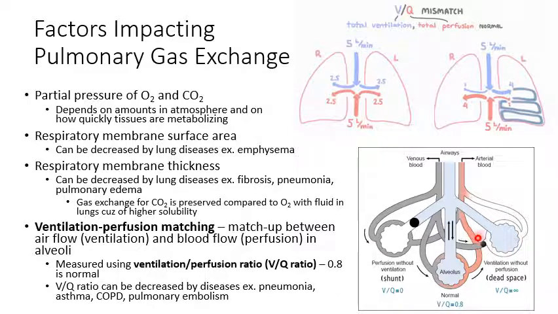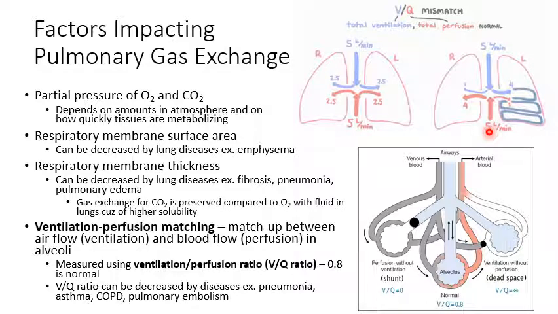So you would still have air going to this alveolus, but you don't have any blood going to it, so that's another VQ mismatch of the opposite type. Anything that obstructs the airways can cause a VQ mismatch as well, like asthma and COPD, even stuff like pneumonia that decreases the efficiency of gas exchange can effectively cause a VQ mismatch.